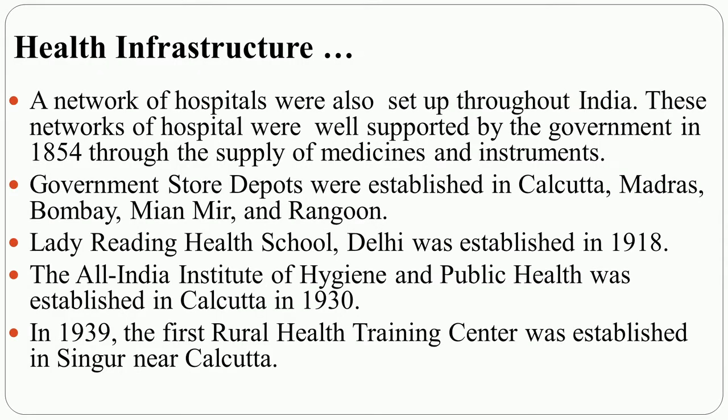And we can see here it was 1918 when the Lady Reading Health School was established in Delhi. The All India Institute of Hygiene and Public Health was established in Calcutta in 1930. In 1939, the first rural health training center was established in Singur near Calcutta.